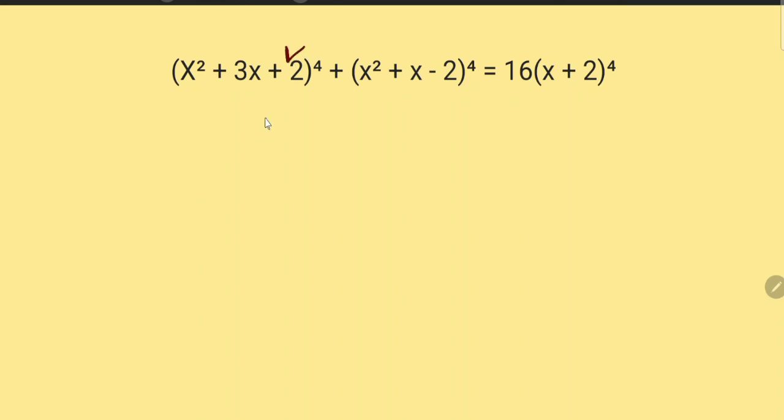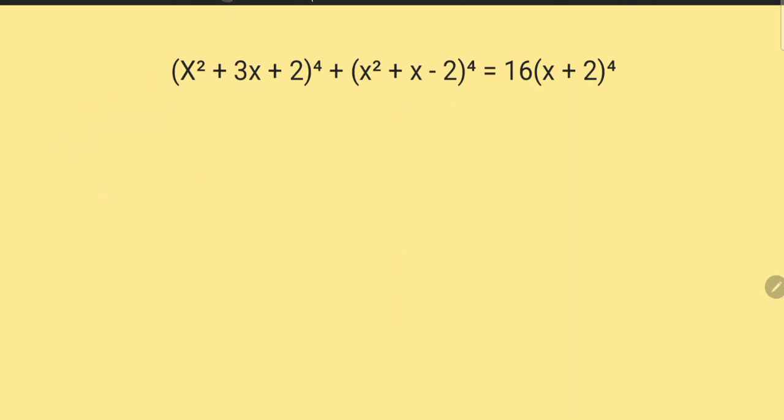The two factors there are 1 and 2, because 1 plus 2 is 3, and 1 times 2 is going to give us 2. So the sum is satisfied and the product is also satisfied. So our factors are plus 1 and plus 2.